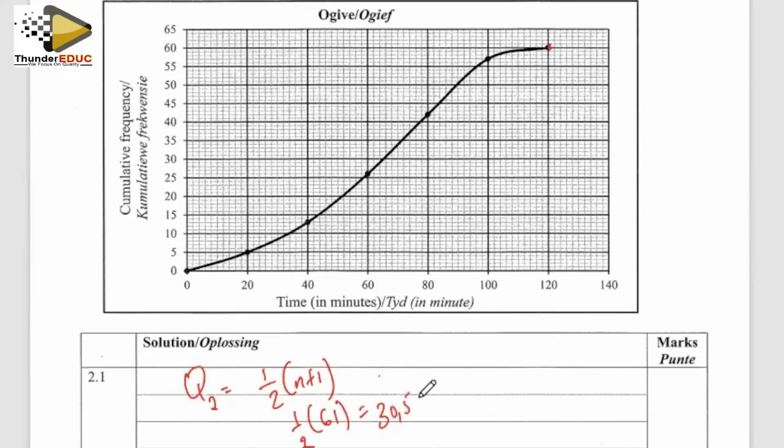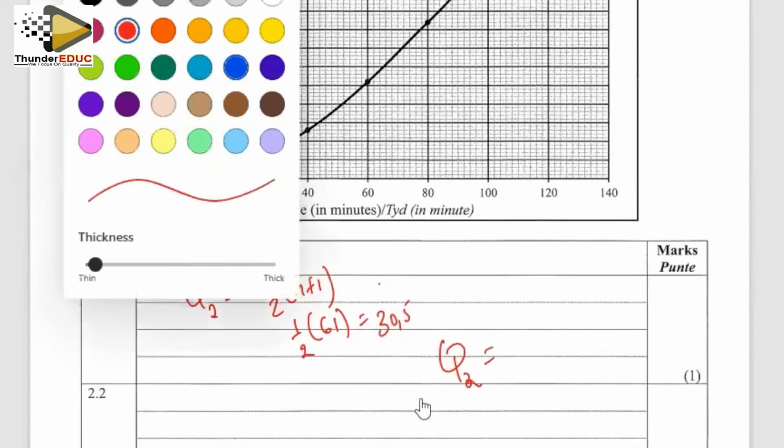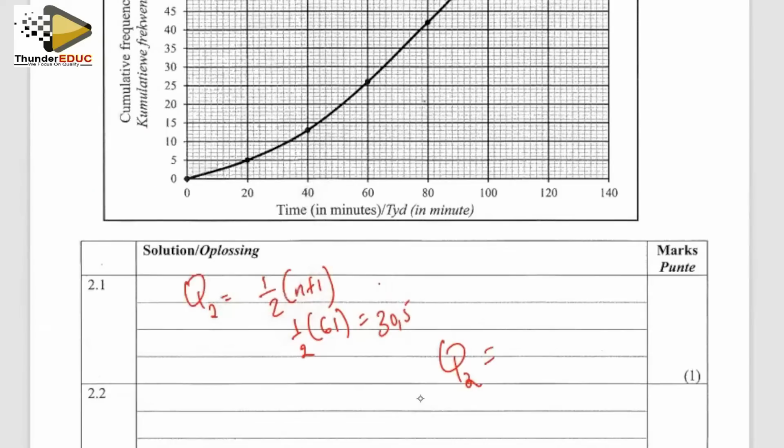That is just the position. Now the Q2 value from the ogive, 30,5 is around about that point. When I drop it down, I'm getting something within this line. If that is 10, which means each block is 2, that is going to be like 66 minutes.